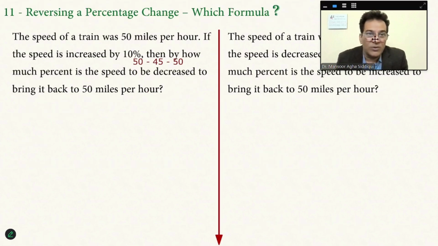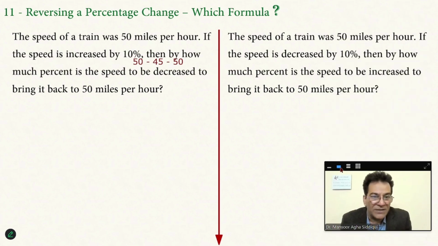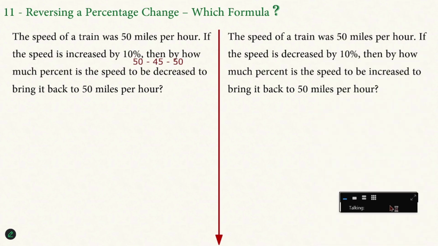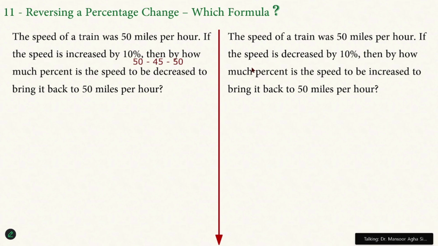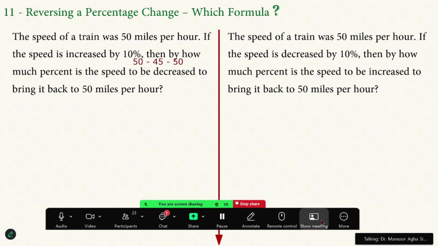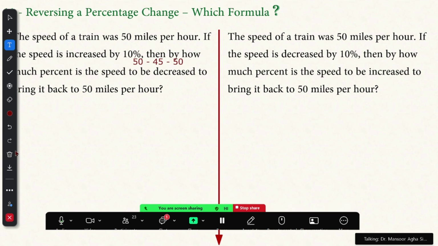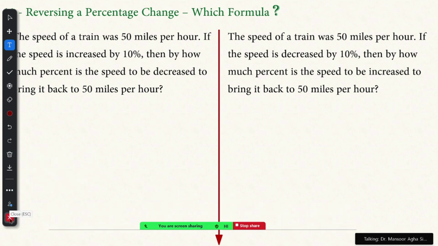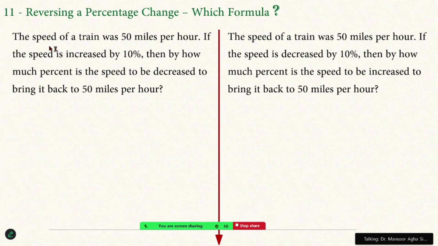Okay. So now we are trying to understand the differences between the two as such. These were the two questions which I had given you. In the first question, the initial speed of the train was 50 miles per hour. It went in for increasing by 10%, became 55.